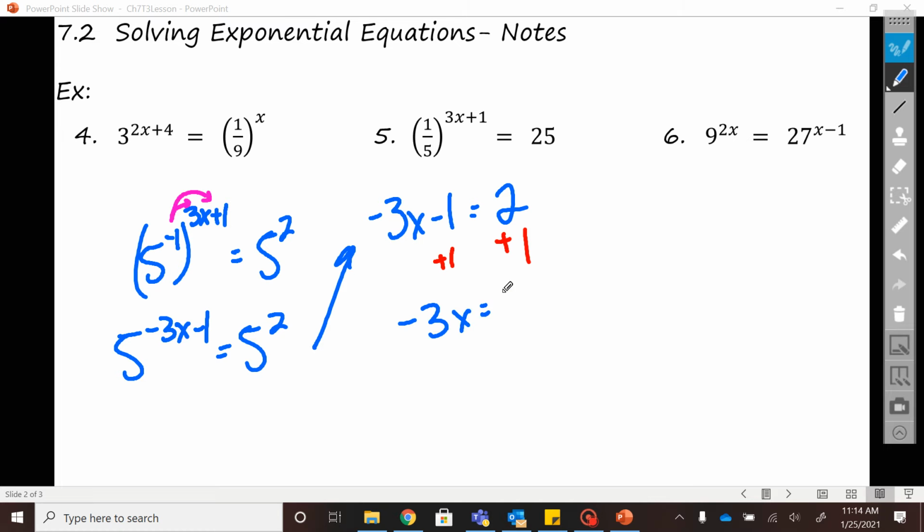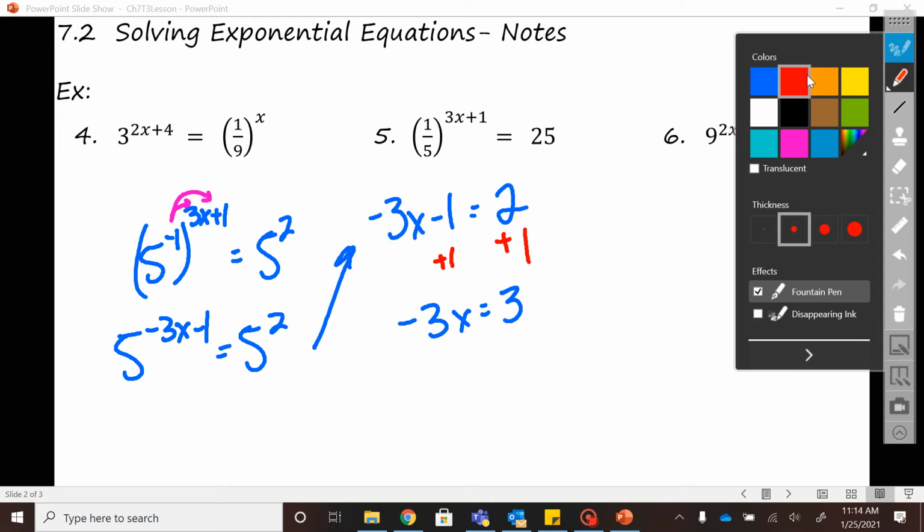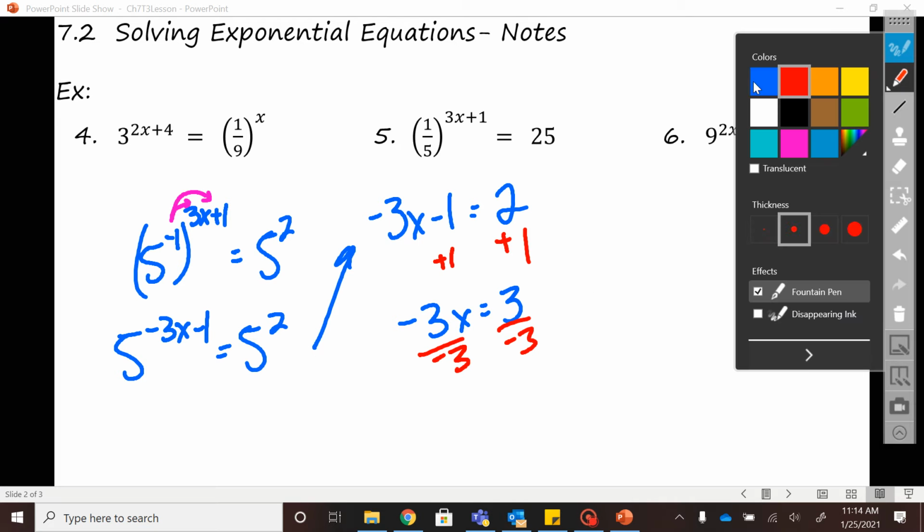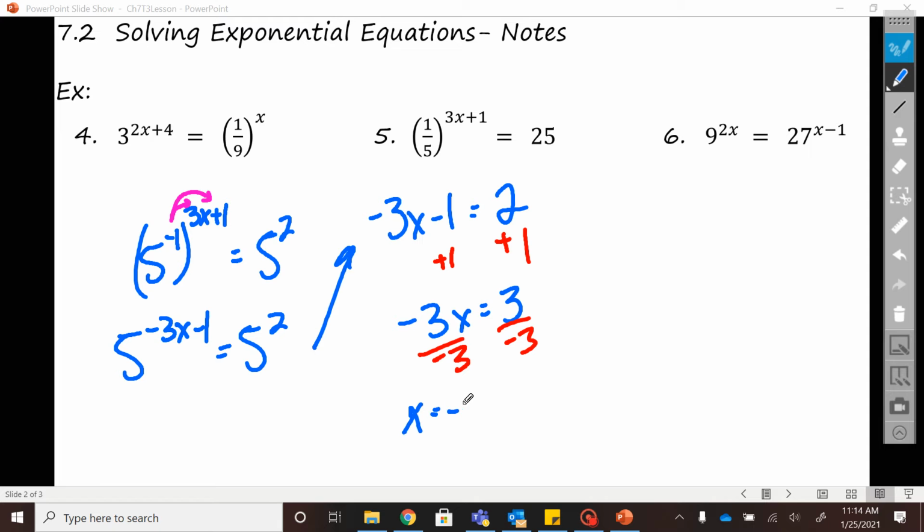Negative 3x equals 3. Divide by negative 3. x is equal to negative 1. Okay, so same answer. That was just a coincidence. But number 5, x is equal to negative 1.